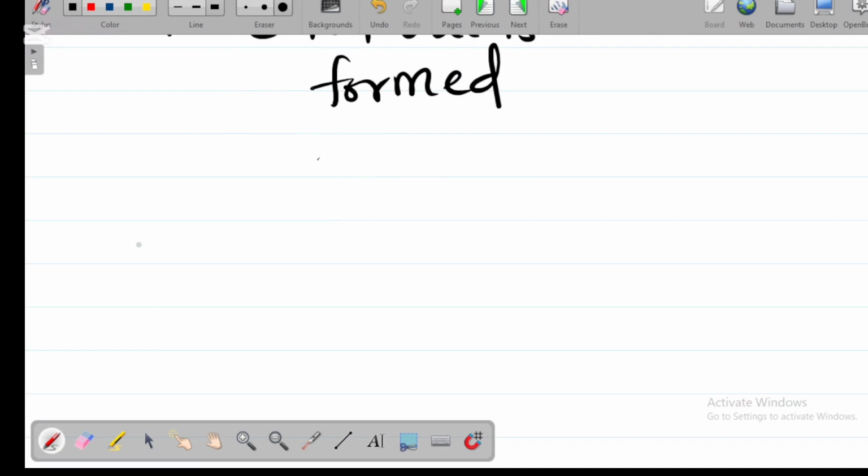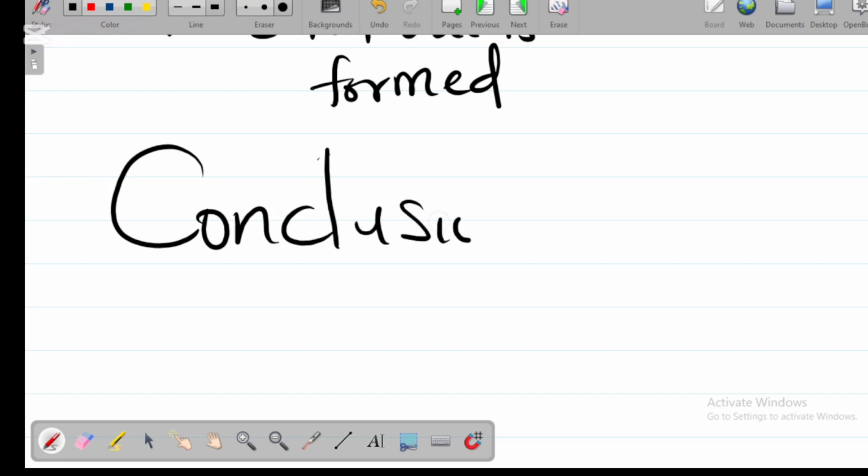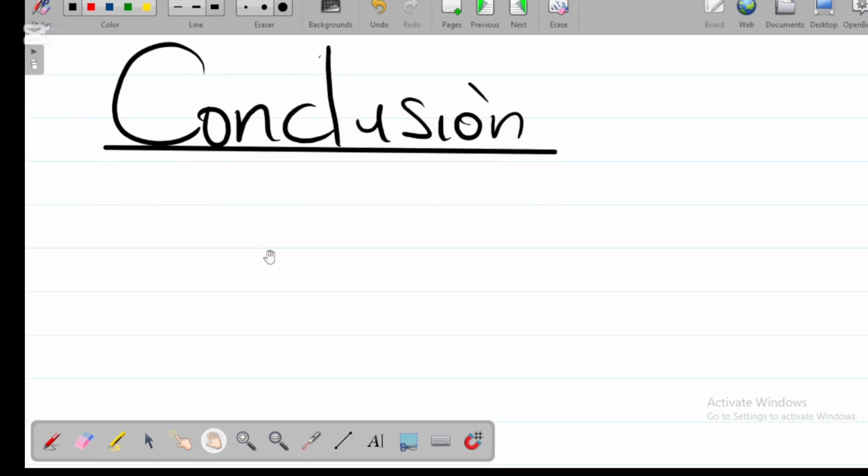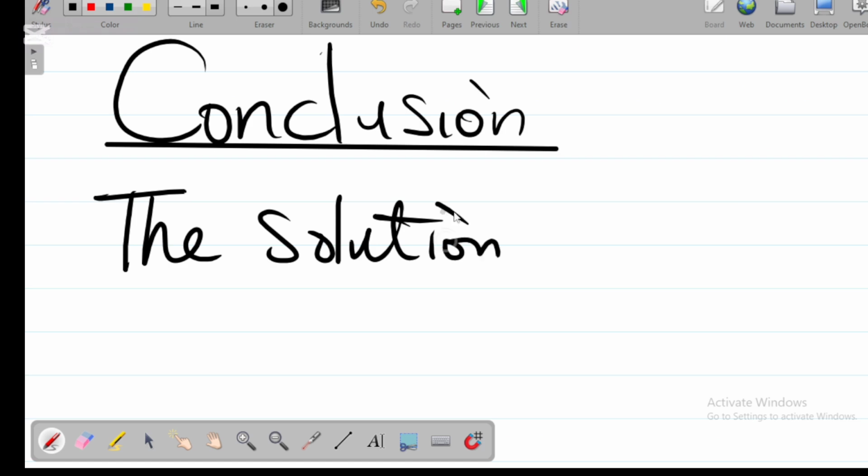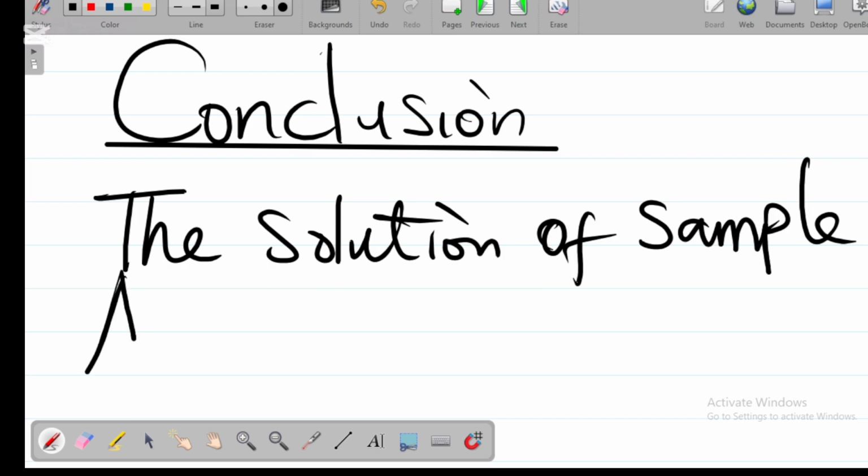All right, so the next one is conclusion. Your conclusion, the solution of sample A. The solution of sample A is zinc sulfate.